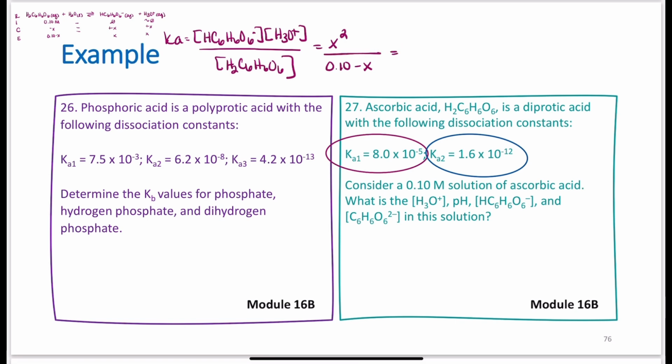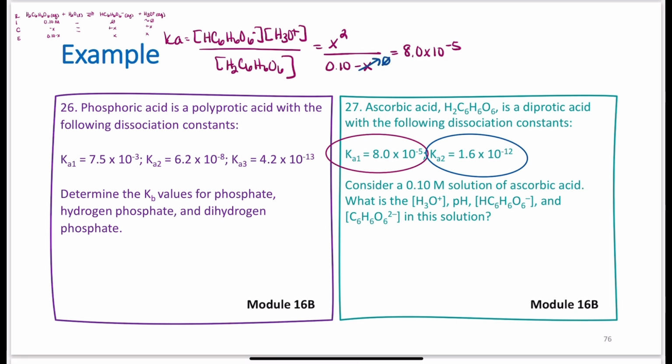And our Ka value for the first dissociation is, it tells me in the question. Sorry, I'm trying to read my computer screen for the actual answers and then write on the iPad for the work for you guys. Okay, 8.0 times 10 to the negative 5. It's a pretty good chance we'll be able to assume the x is equal to 0 or goes to 0, but we do need to check it just to be safe.